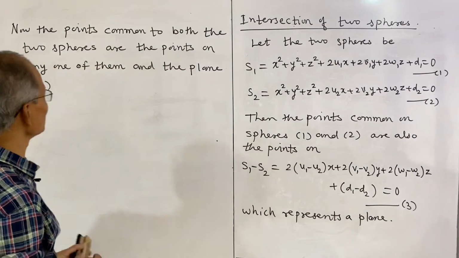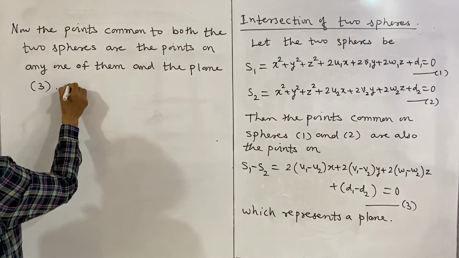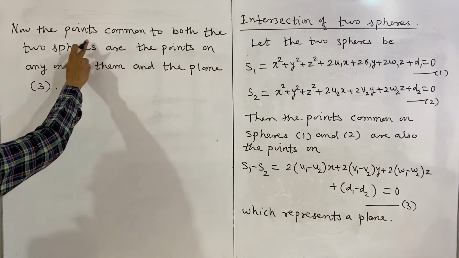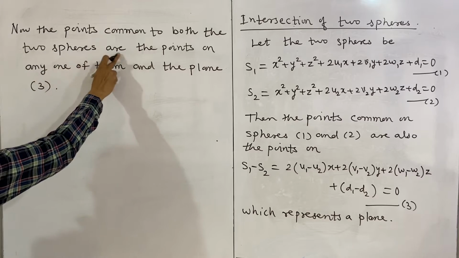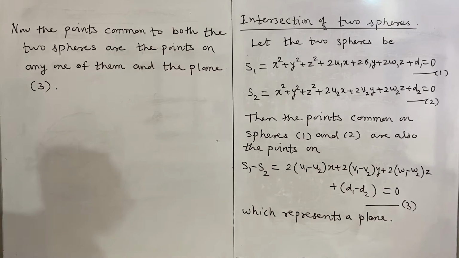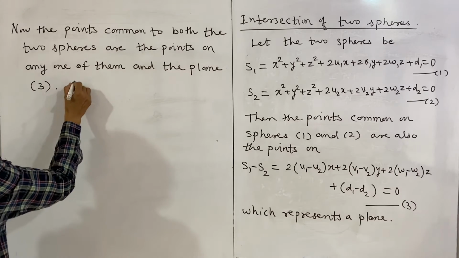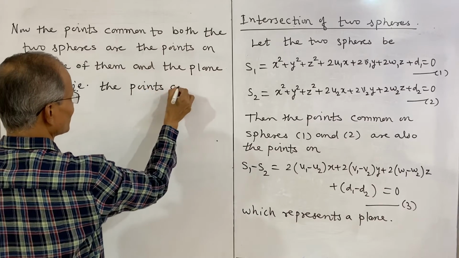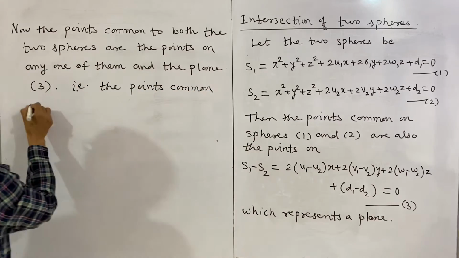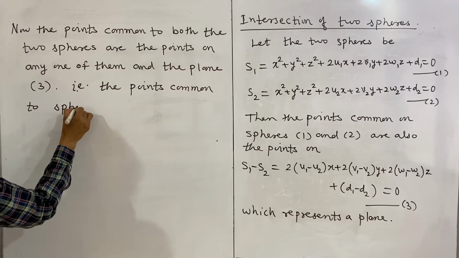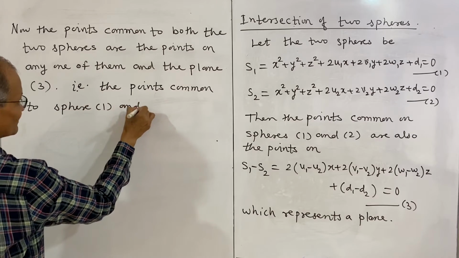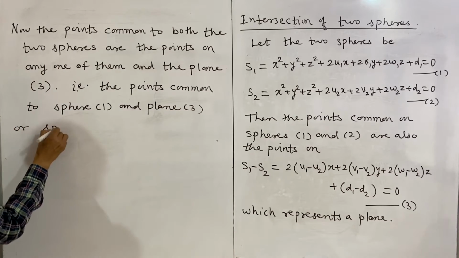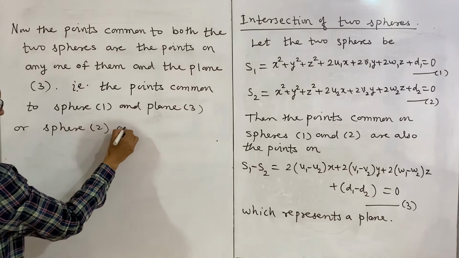So here what we have written, now the points common to both the two spheres are the points on any one of them and the plane 3, that is the points common to sphere 1 and plane 3, or sphere 2 and plane 3.